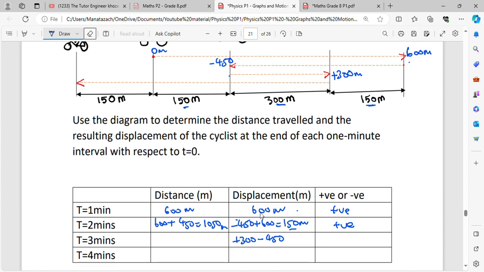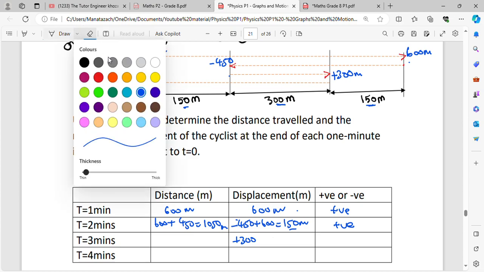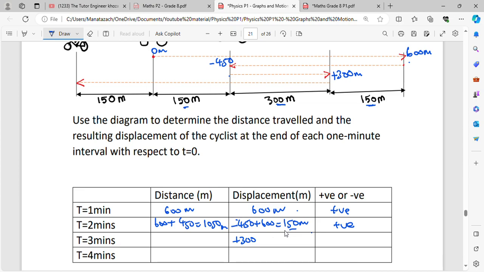In fact, you're not going to say minus 450, you're going to say plus 150, right? You'll choose the last value of the displacement, which was 150. So you'll say 300 plus 150, which will give us 450 meters, which is positive.